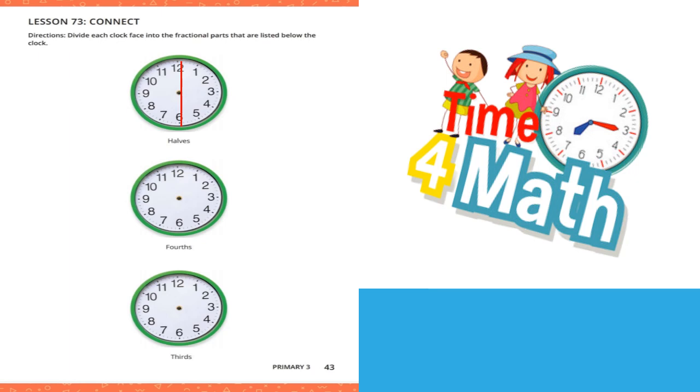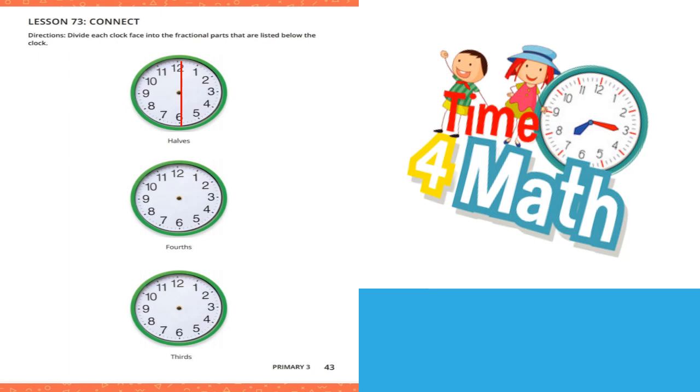You can divide it into any halves. You can draw a line between 9 and 3. From 9 to 3, it's half here and half here. If we started at 12 o'clock, we will move to 6 to make halves. The next one, fourths. I want to divide this clock face into fourths.